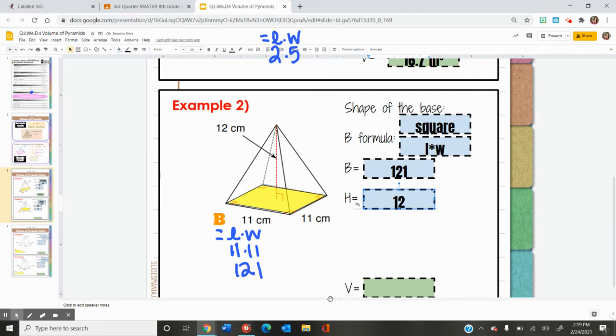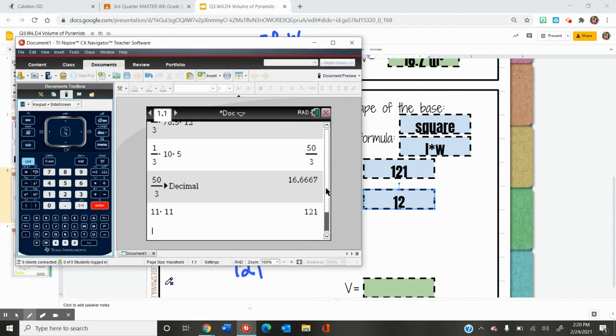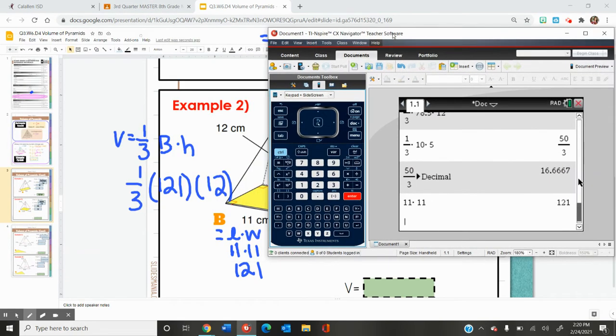So next, now I can find the volume of this pyramid, which again, the formula was volume equals 1/3 base times height. Now I have 1/3, the area of my base is 121, times the height of my pyramid is 12. So in my calculator now, I'm going to type that in exactly as I have written it.